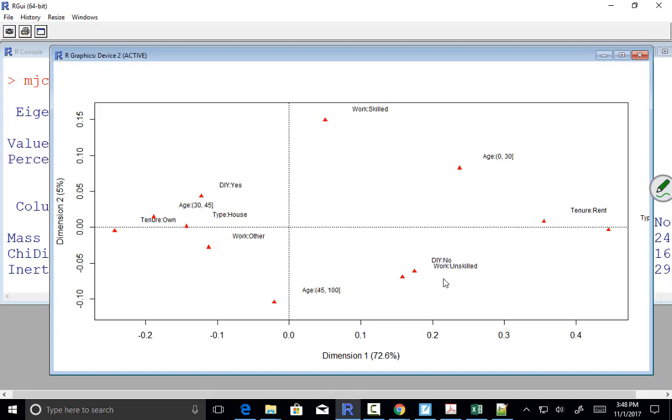So if I'm going to interpret this picture, I'm going to interpret it in two ways. What does the horizontal spectrum represent? What does the vertical spectrum represent? And to answer that, you look at the extremes and who groups together on those extremes.